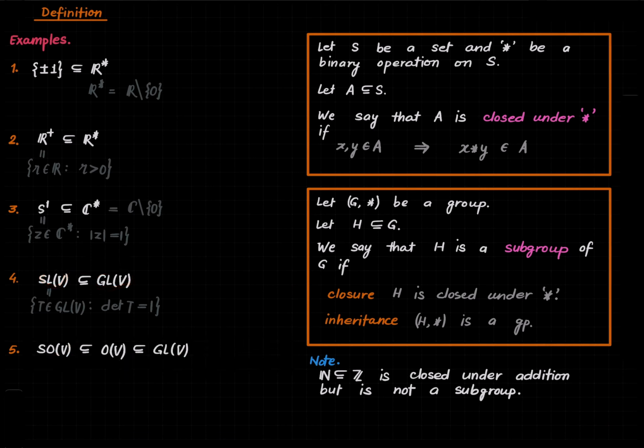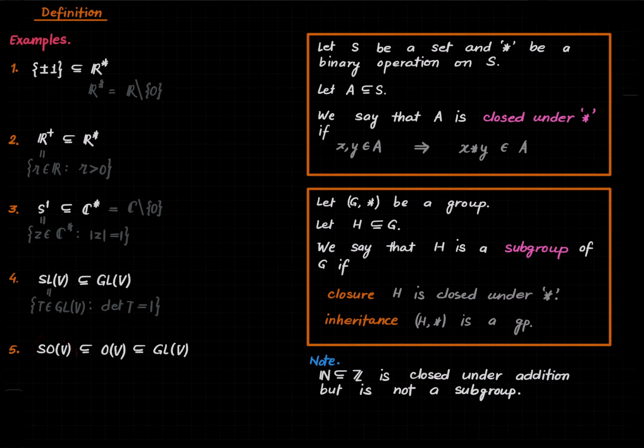And this is another example which you can think about. If V is an inner product space, you can talk about these. These are just the orthogonal transformations, meaning inner product preserving transformations. And they are a chain of subgroups. This is a subgroup of GLV. This is a subgroup of OV. SOV, recall, is nothing but the determinant 1 inner product preserving maps.